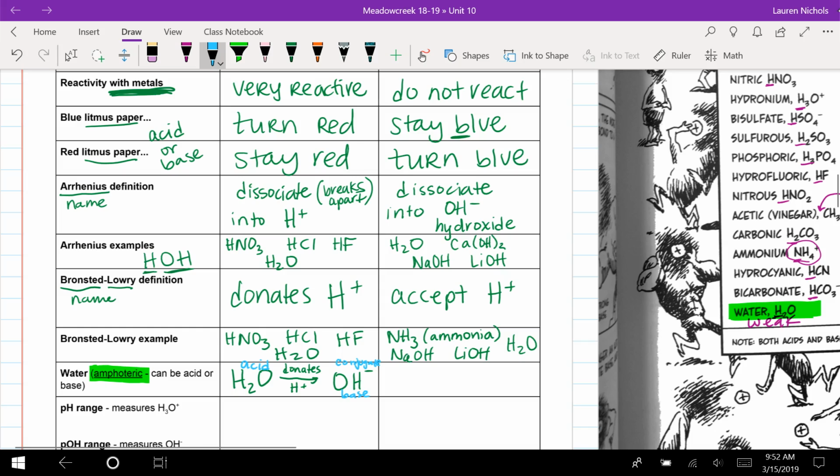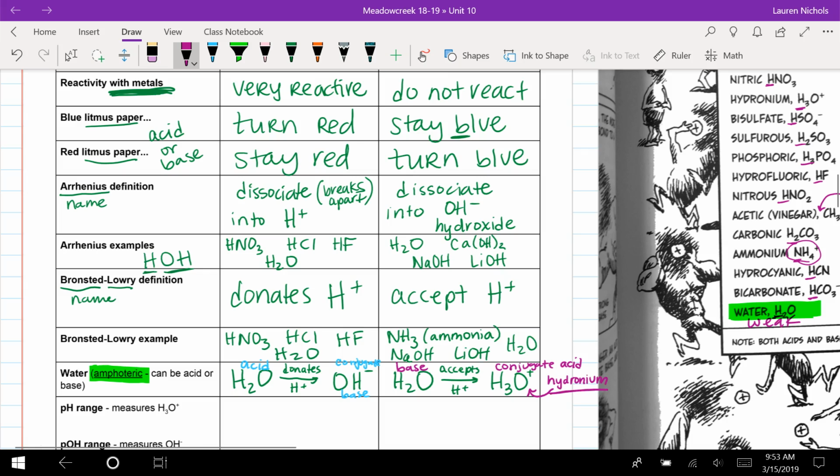Now, when water is behaving as a base, that means it accepts or receives an H plus. So instead of giving one away, it's now going to have an additional one, and it becomes H3O plus. And so this means that water is a base, and H3O plus is its conjugate acid.